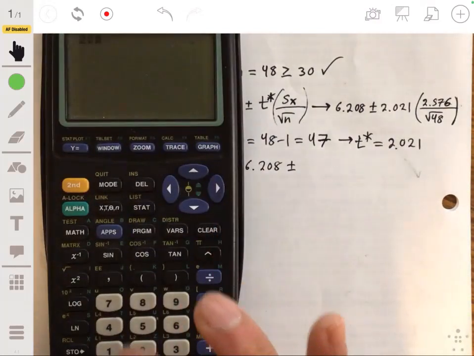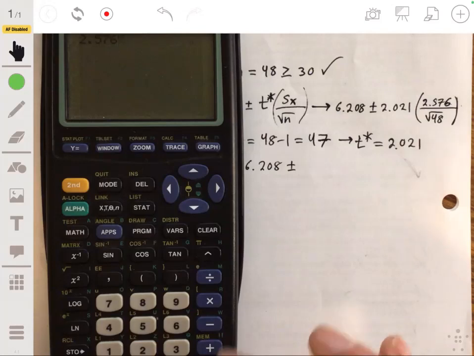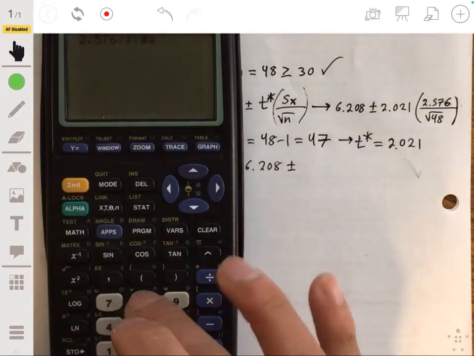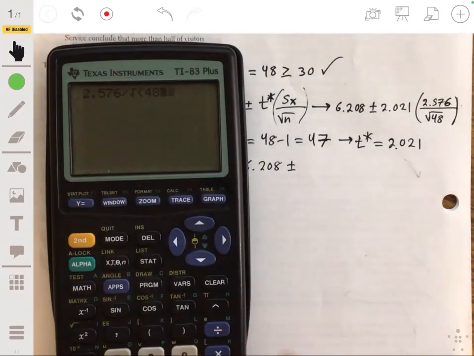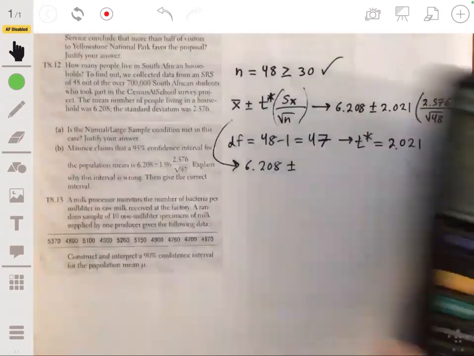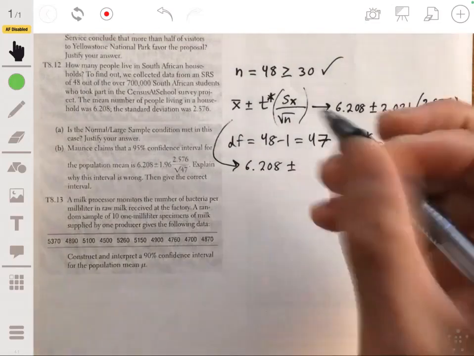we can go 2.576 divided by the square root of 48 times 2.021. We have a 0.75 for that margin of error.